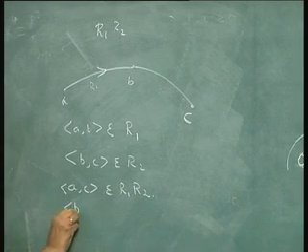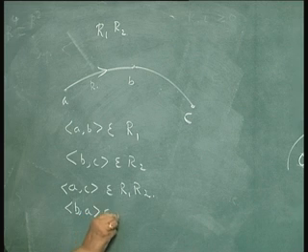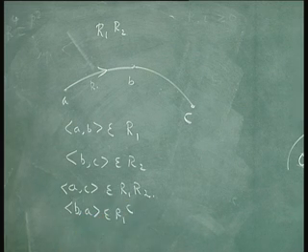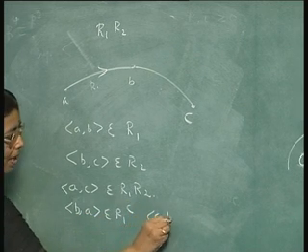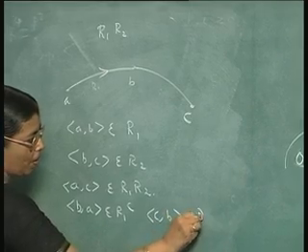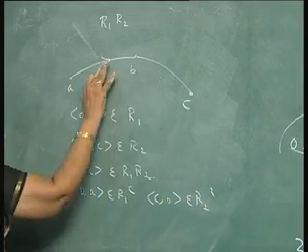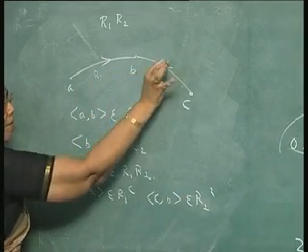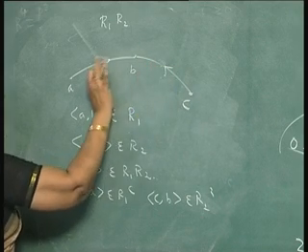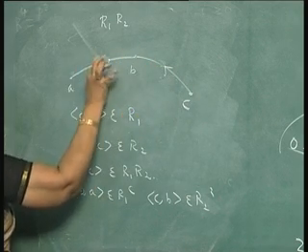Now, (B,A) will belong to R1^C and (C,B) will belong to R2^C, if you reverse the directions.